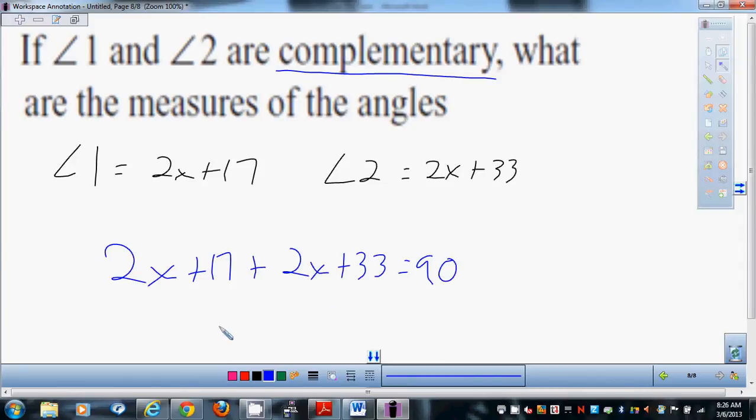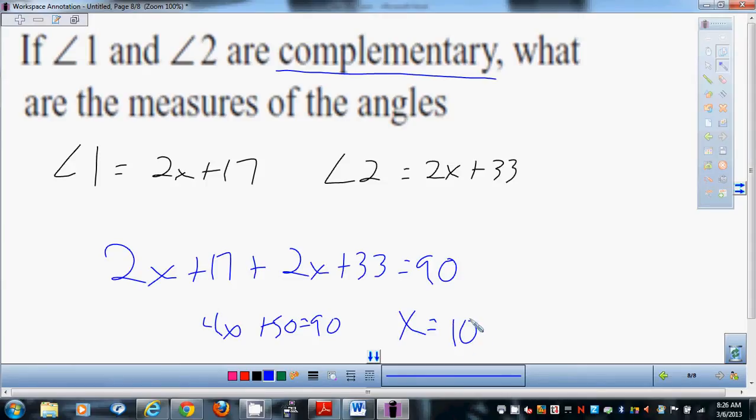X equals, I'm sorry? Very good. Are we done? Because it asks for the measures of the angles. So what do I have to do with that 10?